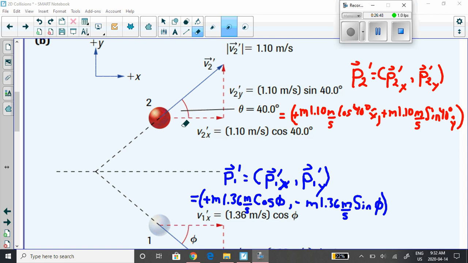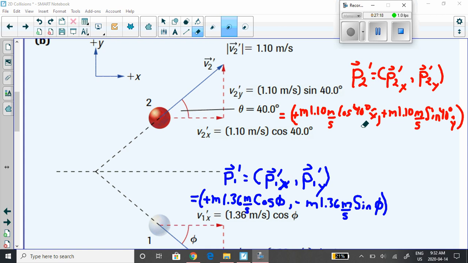And we know that this velocity vector, the momentum vectors, can be broken down into two components, the x component and the y component. Now they talk about velocities here. I'm going to talk about momentums and tell you that the momentum of the second marble after the collision is equal to an ordered pair, which represents the x component of this momentum after the collision and the y component of this momentum after the collision for object 2.